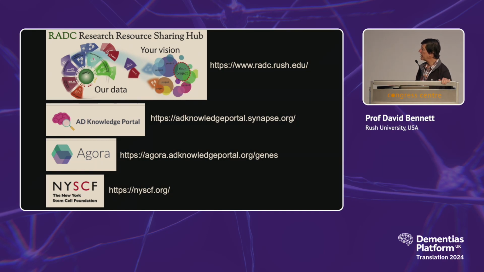The Agora is part of the Knowledge Portal, but it's basically the AMP-AD output of high interest targets. So if you're new to this field and you're looking to see what the group of people working this space, not just me, but a whole bunch of people, think are valuable genes and proteins to interrogate, you can get those there.